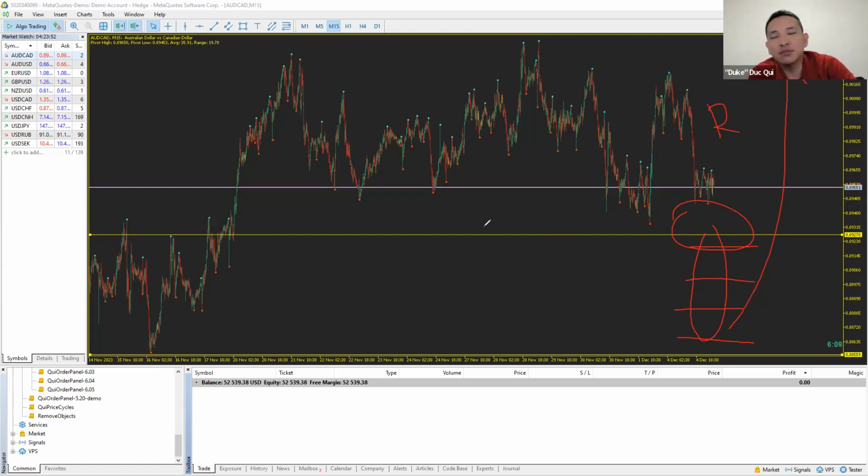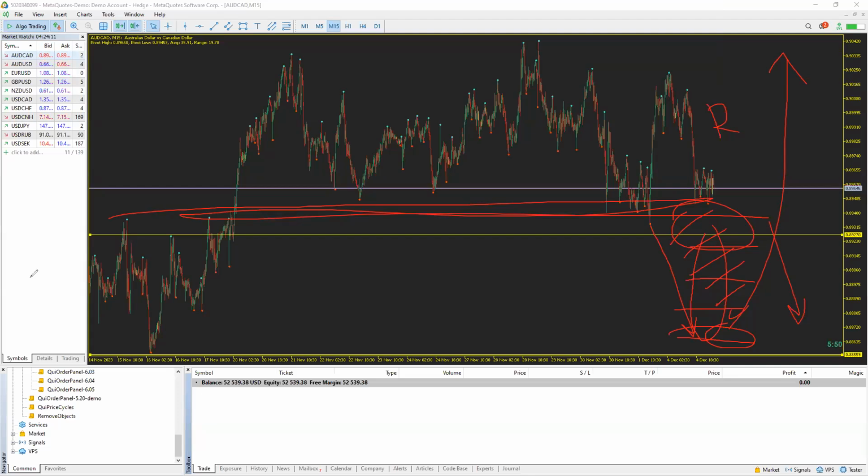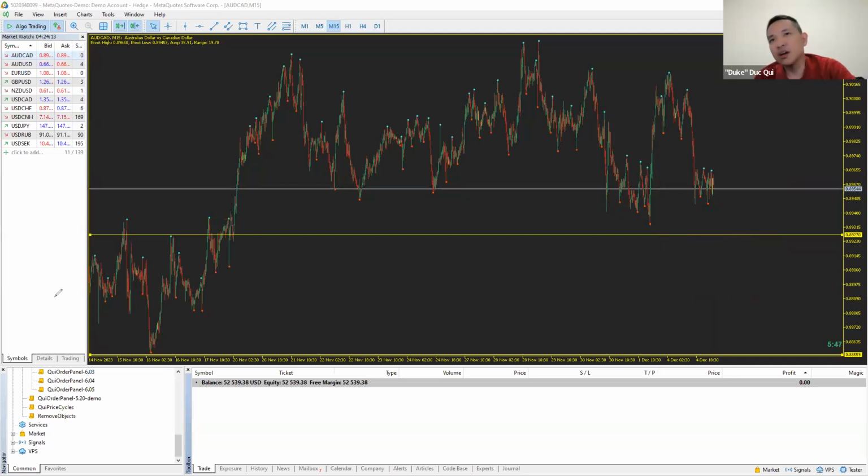And so that's where the typical market trap is: people buy here, and guess what? Institutions push down. If people are buying, institutions are selling and selling. And then right here is where it bounces. Does that make sense? Yes. Okay, so you want to be aware of the market traps.